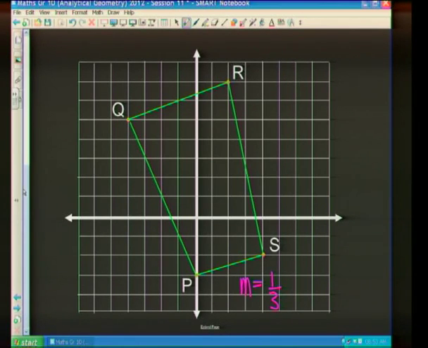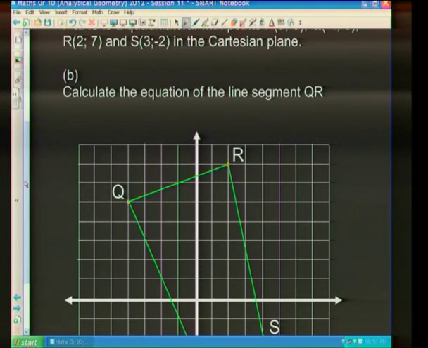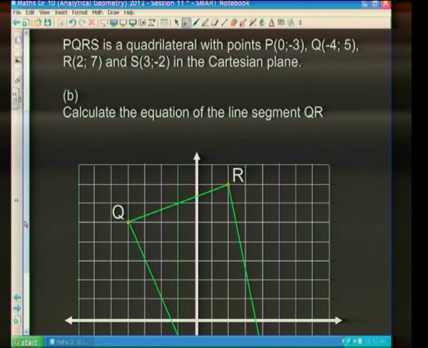Now we are asked to calculate the equation of the line segment QR. So let's fill in our points quickly. Q is x is -4, y is 5, and R is x is 2, y is 7.